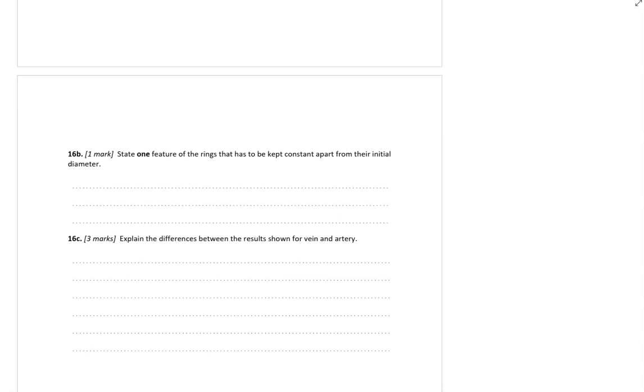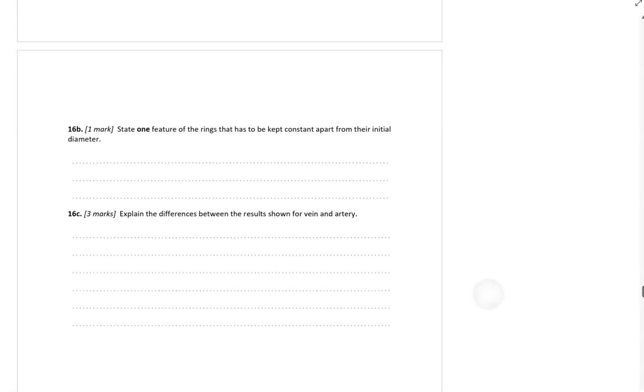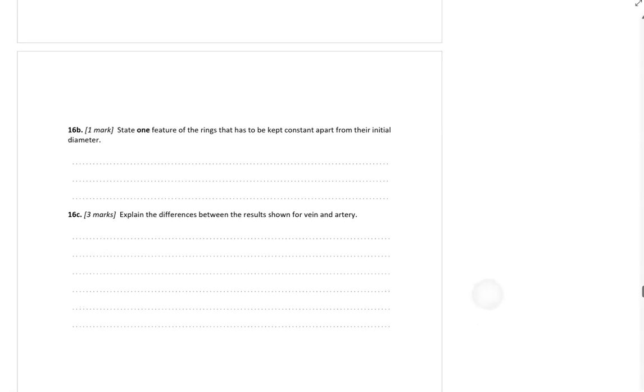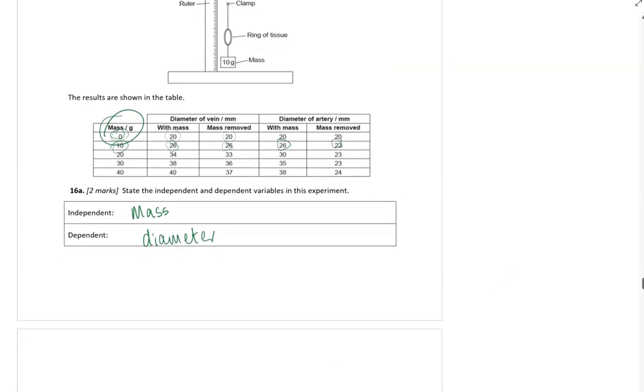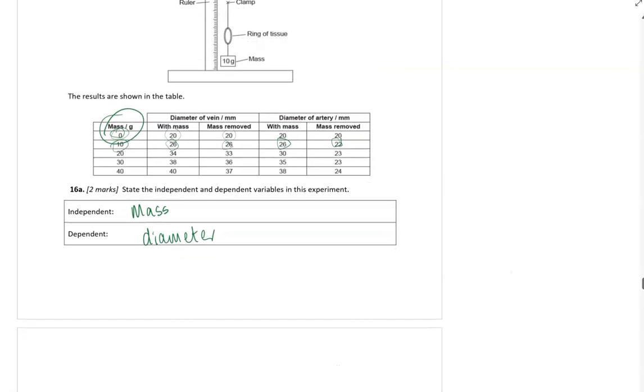And then part C, explain the differences for the results shown for the vein and the artery. So when we look at the table, we can see that the vein really stretches to a larger diameter and doesn't really spring back very much, whereas the artery doesn't stretch as much and then does spring back relatively close to 20 millimeters each time.